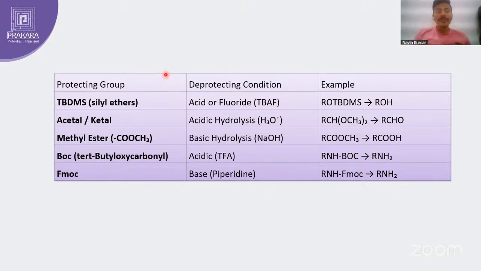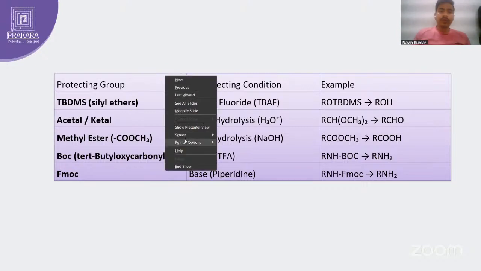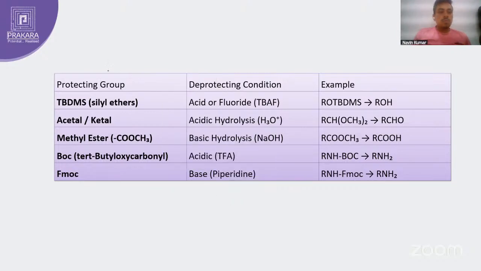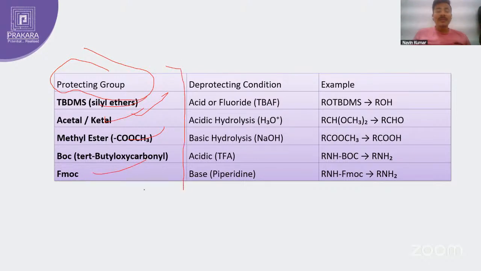Deprotecting is nothing but removing this particular protecting group. To remove protecting groups like acetyl, silyl ether, tertiary butyl, FMOC, the condition or the molecule which we are going to use is known as the deprotecting group or deprotecting condition.